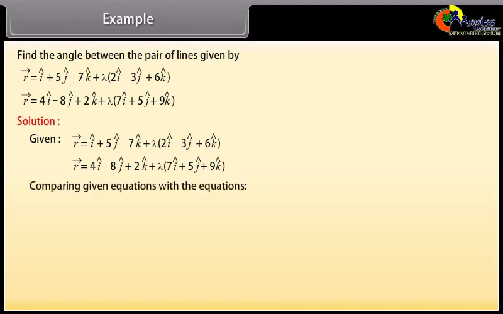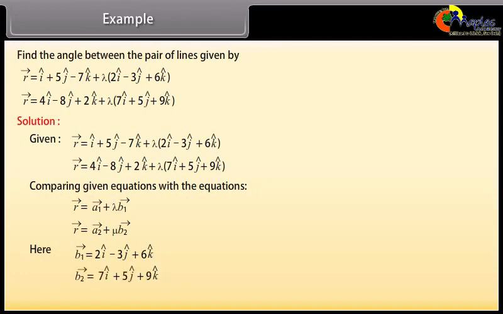Comparing given equations with the equations vector r equals vector a1 plus lambda vector b1 and vector r equals vector a2 plus mu vector b2, here vector b1 equals 2i minus 3j plus 6k, and vector b2 is equal to 7i plus 5j plus 9k.